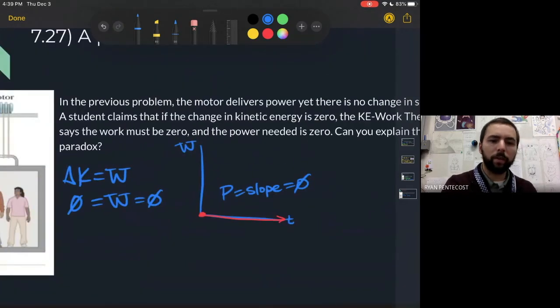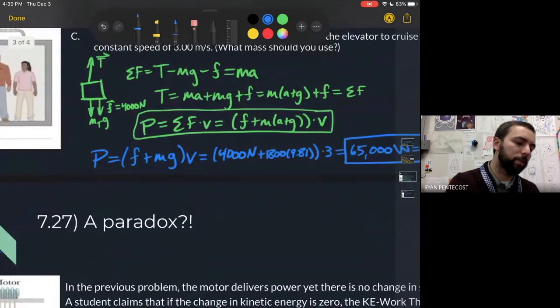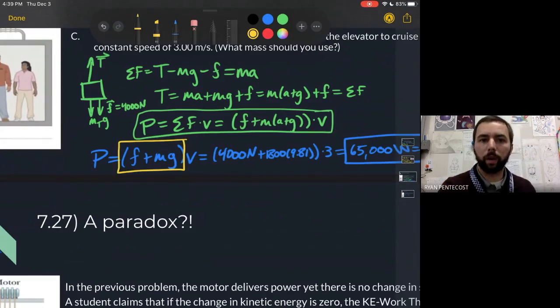Well, we have to think about all the things that are going on. Because first, the work-kinetic energy theorem doesn't tell you everything going on energy-wise. So first, we have to overcome these forces: there is friction and gravity that must be overcome.